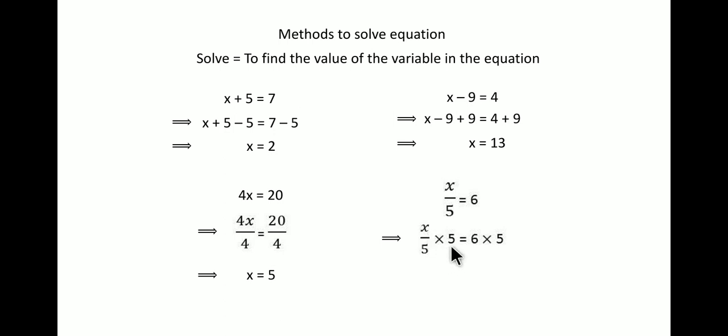But since you are multiplying 5 with the left hand side, you have to multiply 5 with the right hand side as well, isn't it? So x is equal to, where this 5 and 5 cancels, you'll get x is equal to 6 into 5 is 30. Alright, so this is how we solve this equation.